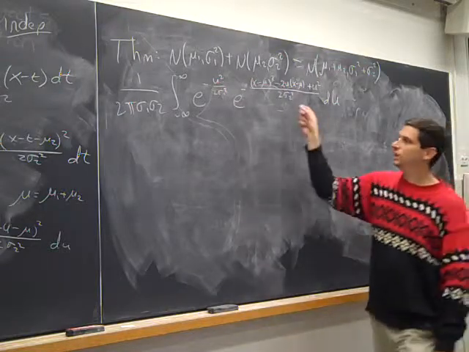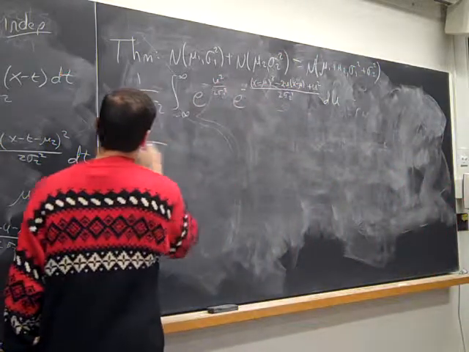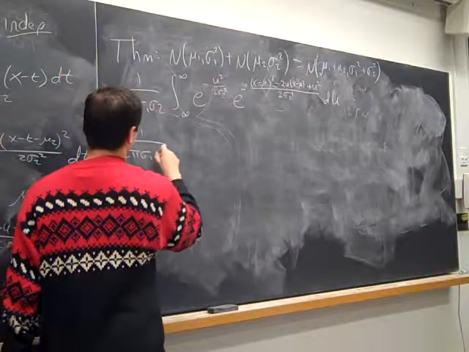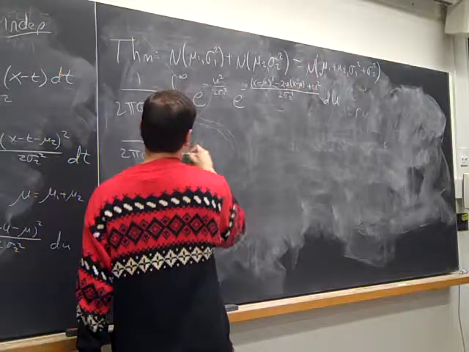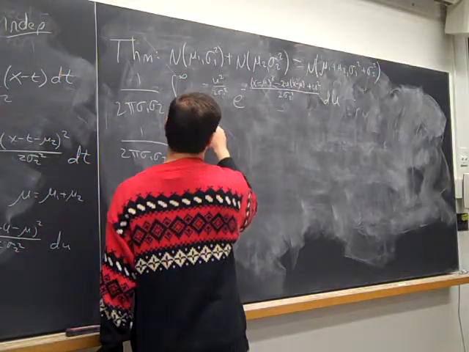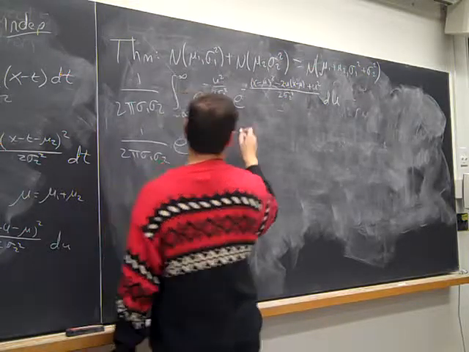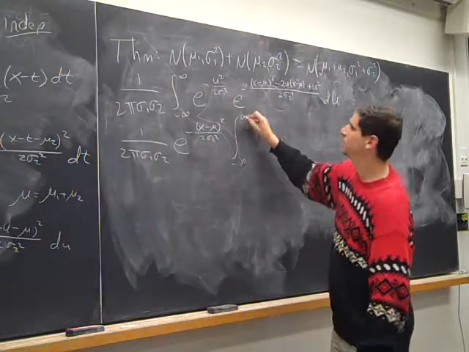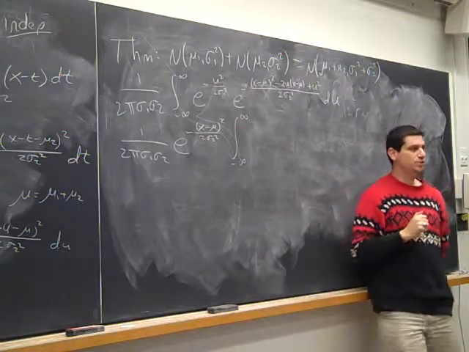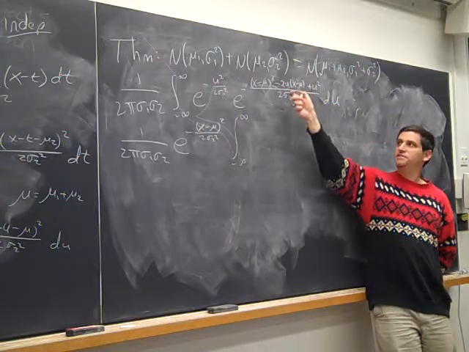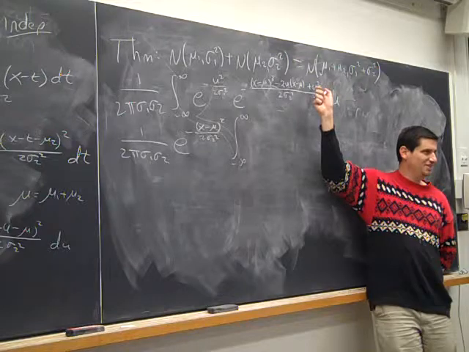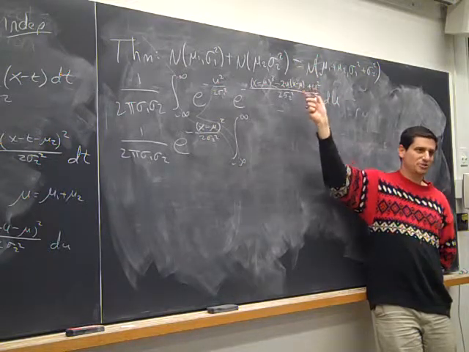So let's pull out the 1 over 2 pi sigma 1 sigma 2 e to the negative x minus mu squared over 2 sigma 2 squared, and the integral from minus infinity to infinity. Now we're going to use some new notation. This is getting very hard to visually read because of a fraction in the exponential.